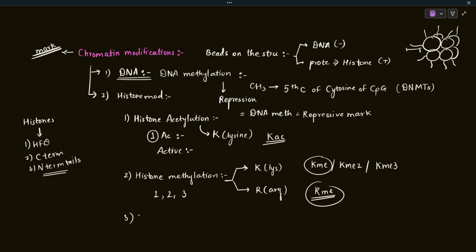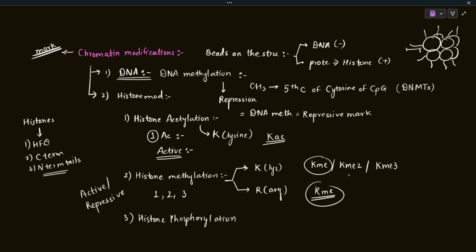Then the third histone modification is histone phosphorylation. The way histone acetylation was an active mark, histone methylation can be an active mark, or it can be a repressive mark, depending on which residue the methyl group is added.